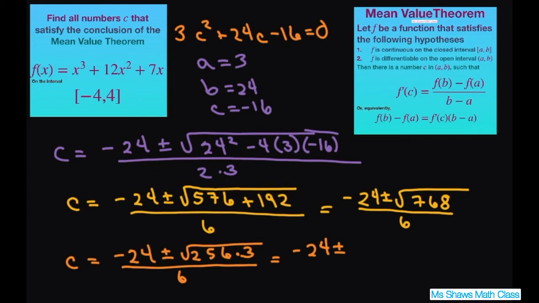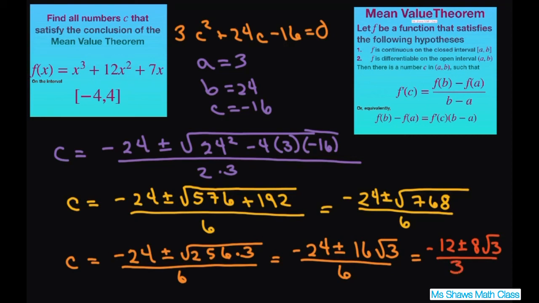So we'll have 16 times square root of 3 divided by 6, which can be reduced. This whole thing can be reduced to negative 12 plus or minus 8 square root of 3 divided by 3.